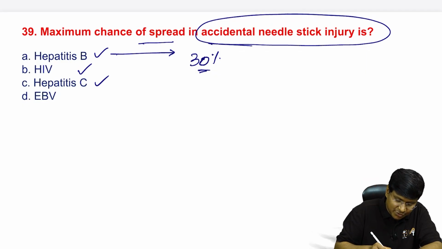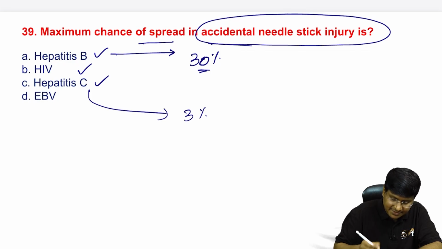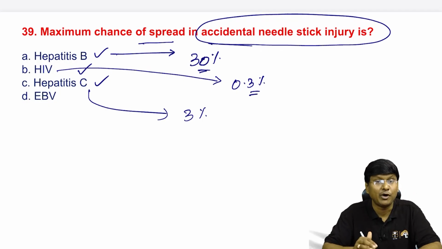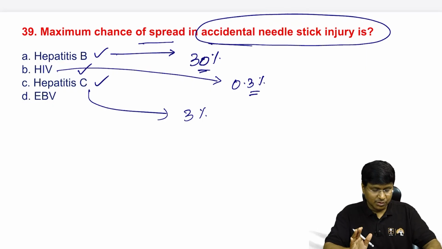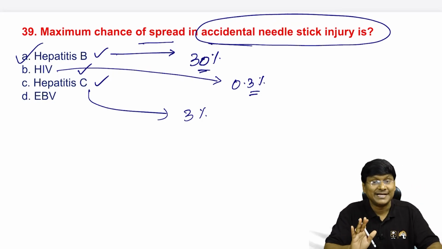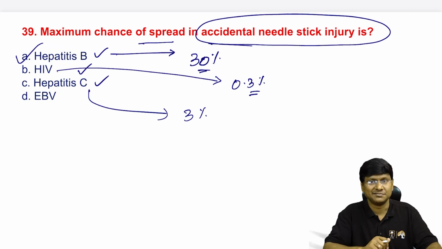For hepatitis C, it is about 3%. And for HIV, it is 0.3%. So the maximum chance of spread in accidental needle stick injury is hepatitis B infection.